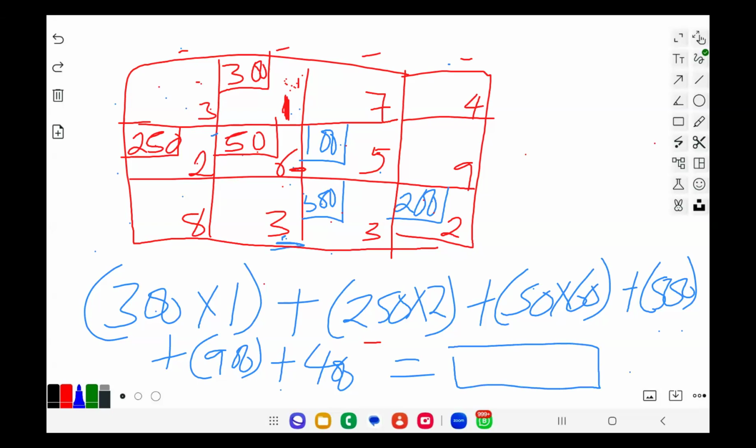It depends on what the question is asking you. This is the cost of transportation. In other questions, like in your assignment, they were asking for the minimum distance. So it will be the feasible distance, which means the minimum distance, the optimal distance using VAM.